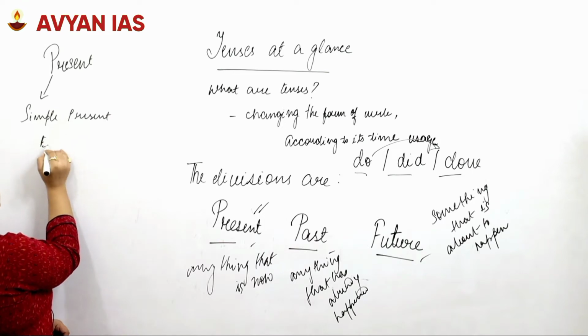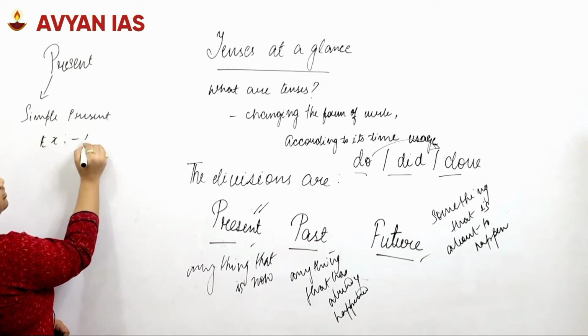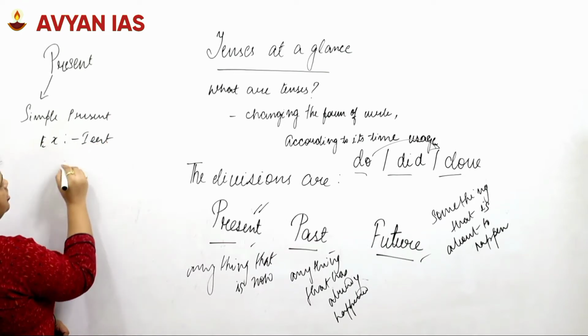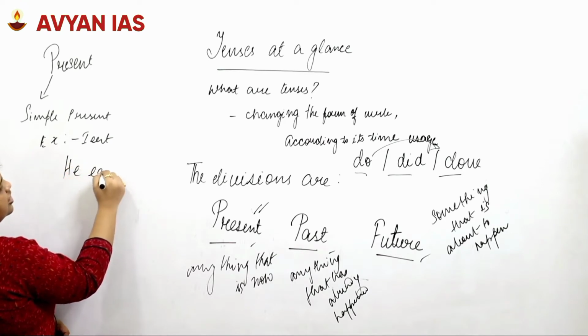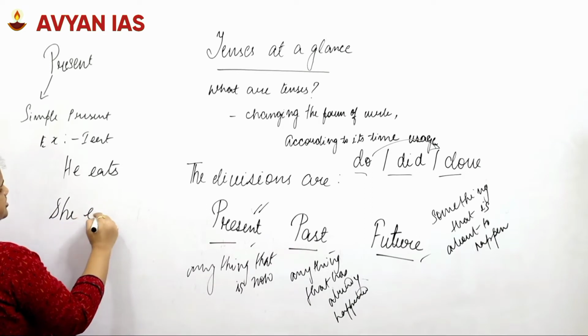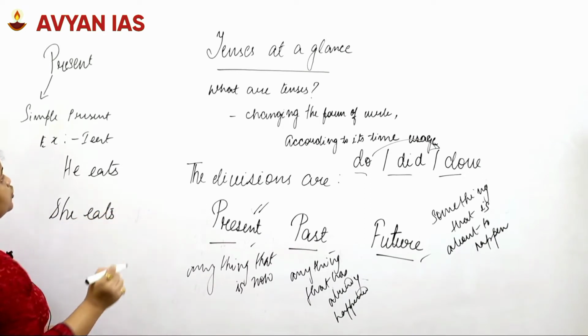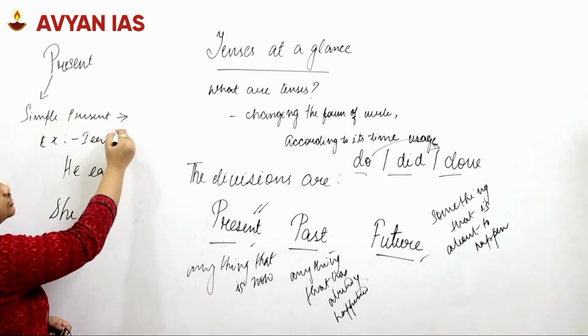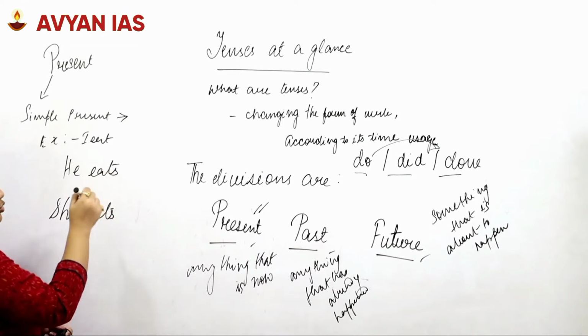Example, I eat, he eats, or she eats. This is your simple present tense. This action is happening right now, right here.